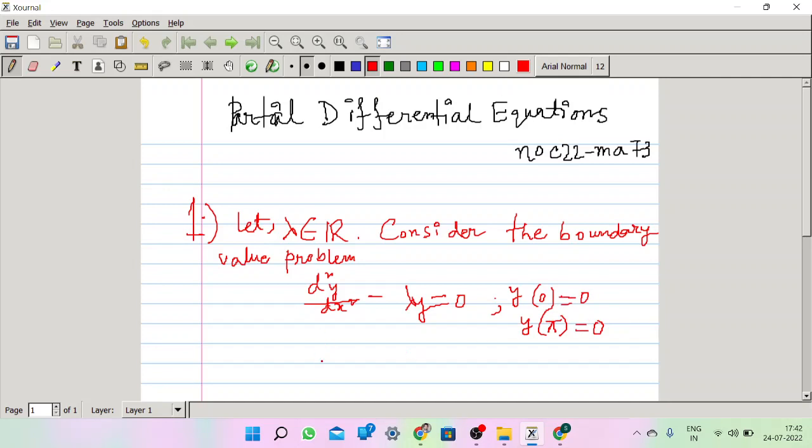From the options given below, identify all the values of lambda for which the boundary value problem has a non-trivial solution.